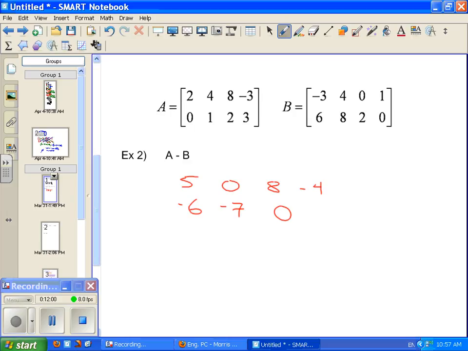And 3 minus 0 is 3. But it's still the same size and shape as my original two. So adding and subtracting is real easy. You should be able to breeze right through those.